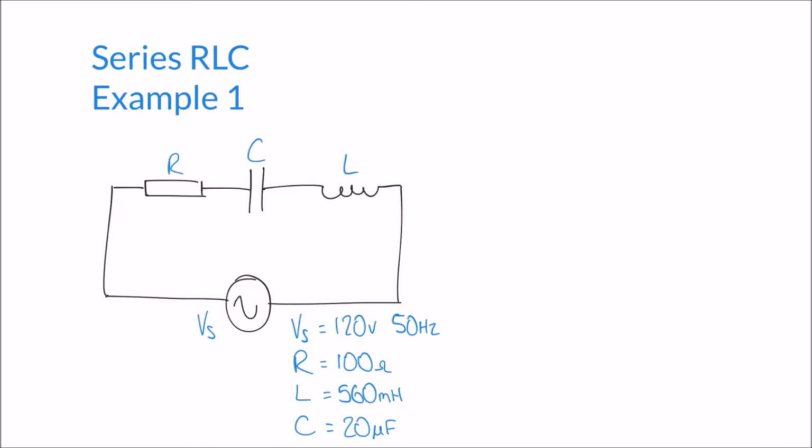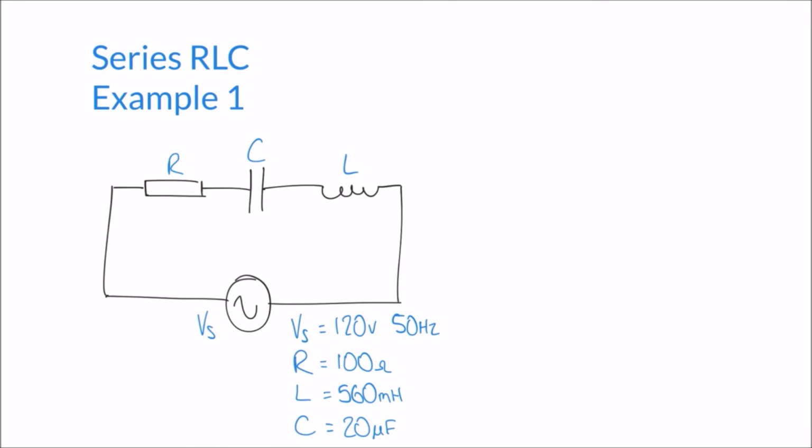So now that we've calculated the impedance of our circuit, we can go ahead and calculate the current that flows through our circuit. We have a series circuit, so there's only one current. The same current flows through all three of our components, and we can calculate that by using Ohm's law.